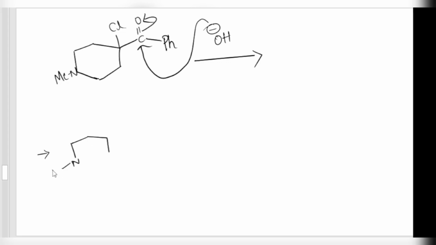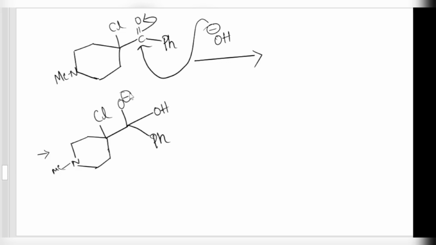Here the remaining things, whatever is there, will be unaltered. And here I have chlorine, and here on carbon O minus is there, and here OH, and here I have a phenyl group.